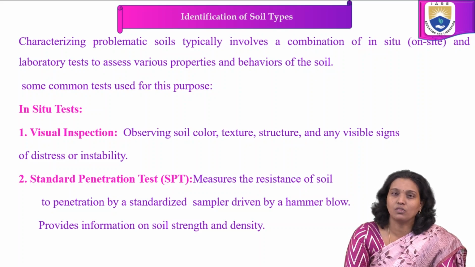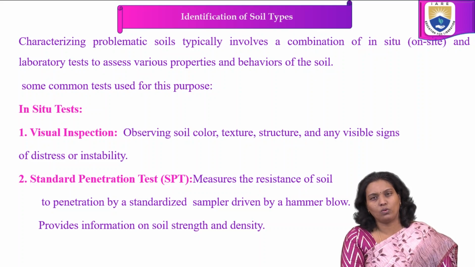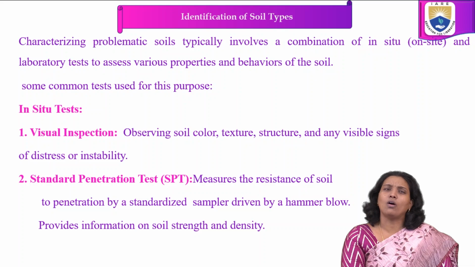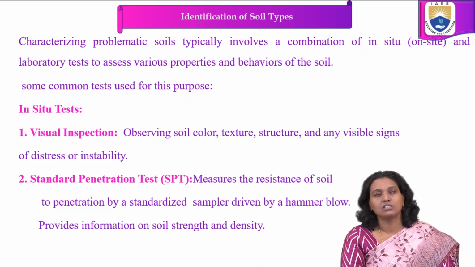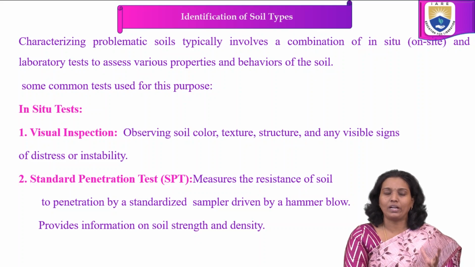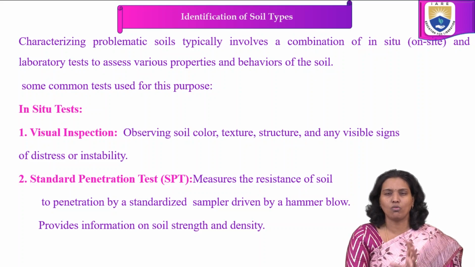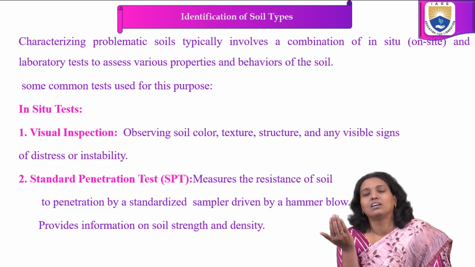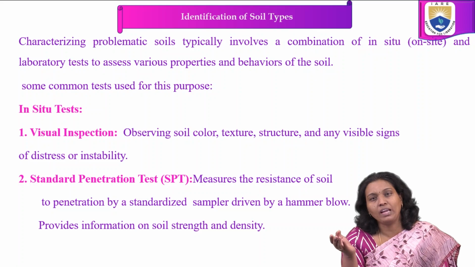The type of construction also plays a major role: which property is required to be enhanced, which property is going to cause damage or harm to the structure, and how we are going to reduce or remove it. We also look at other solutions and alternatives.